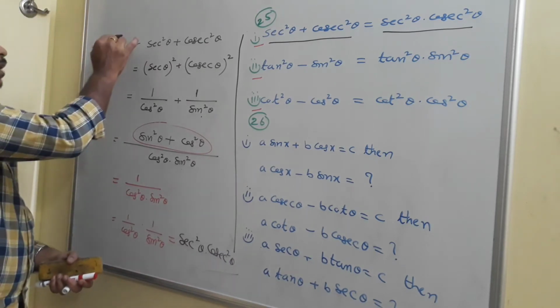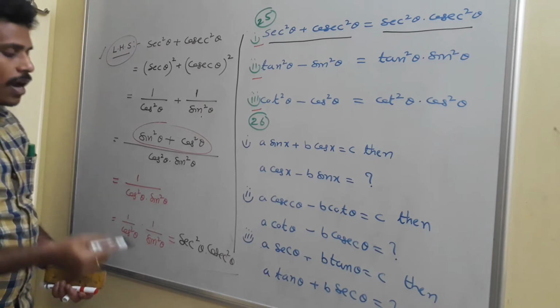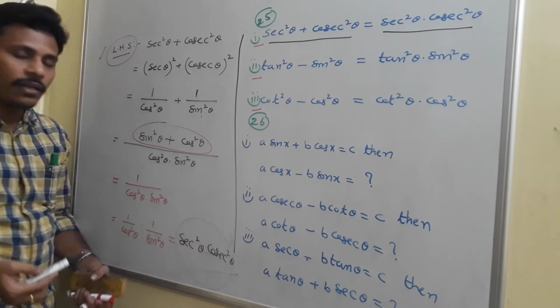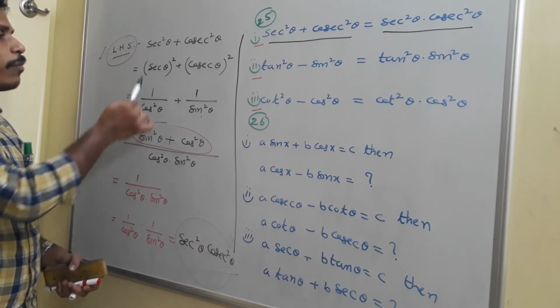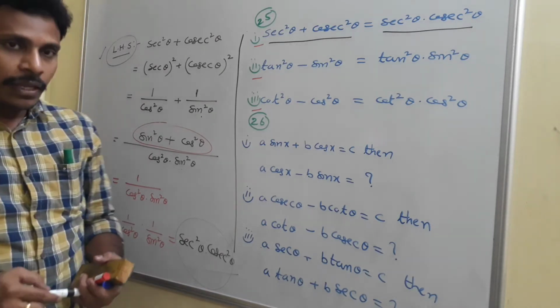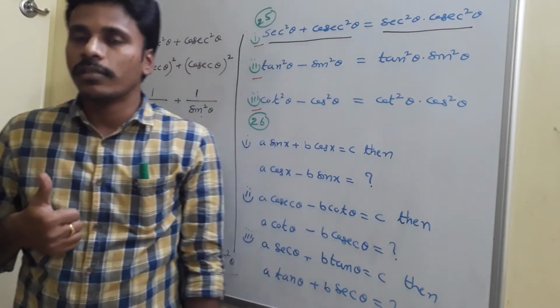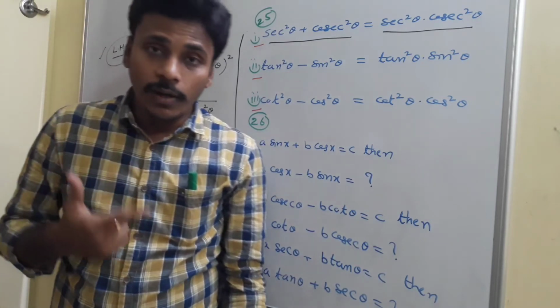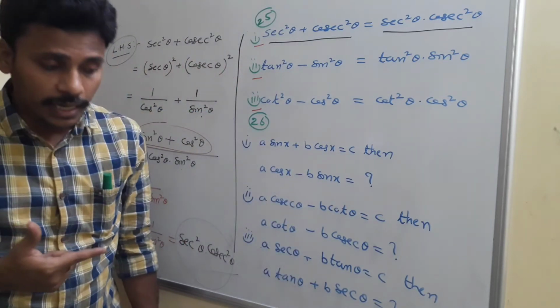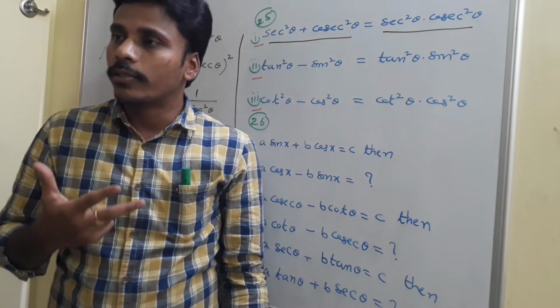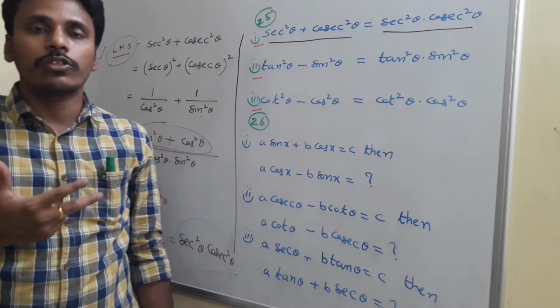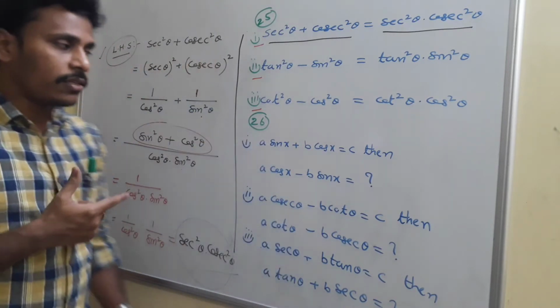So I started with the left hand side, and at the end I arrived at the right hand side. Then there is the proof with the help of these trigonometric identities. In proving this, what did I use? I used secant theta is equal to 1 by cos theta, cosecant theta is equal to 1 by sin theta, and the third one, sin square theta plus cos square theta is equal to 1.